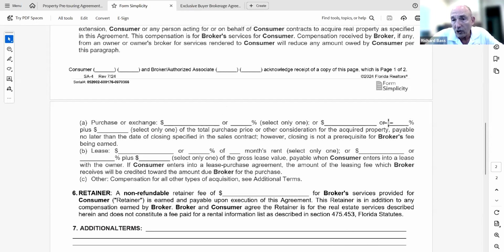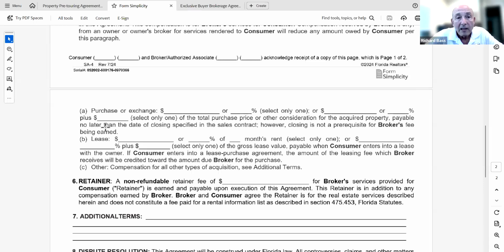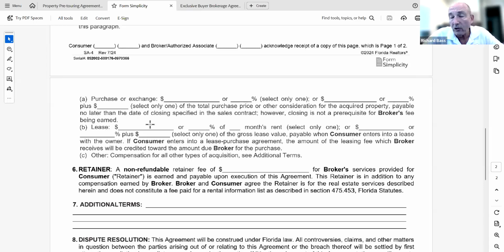If you are charging a transaction fee, it's the second set there. Simple as that, guys. If you're working with somebody who wants to rent a property, it's the second box under lease, and you're going to do the same thing. It's a percentage of X. So you would put, for example, half a percent, 0.5% of 1 month's rent, is the fairest way to do it.